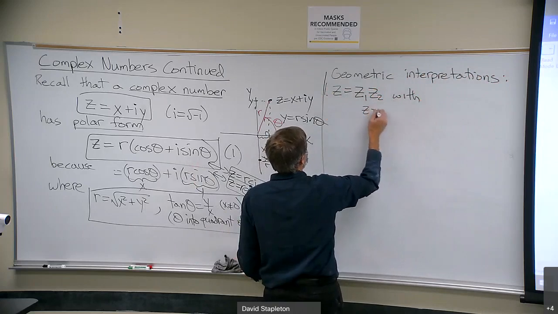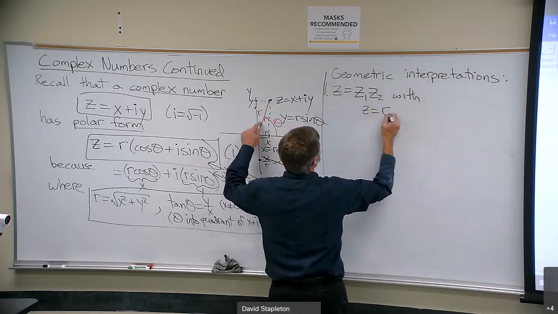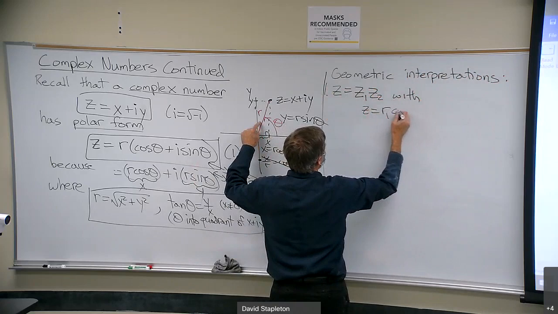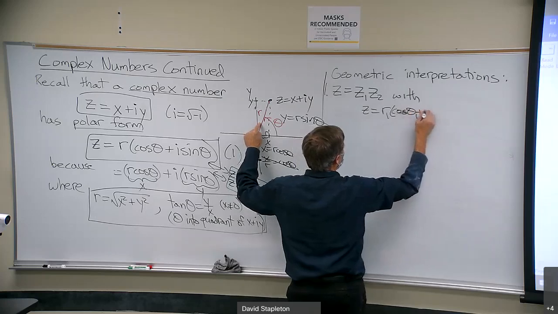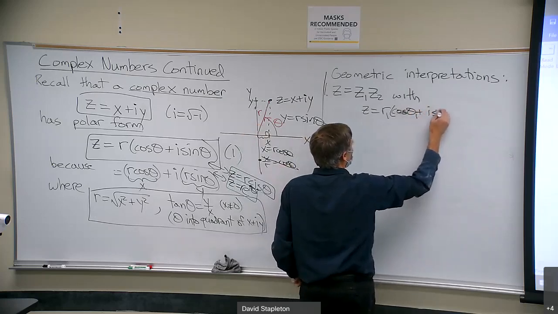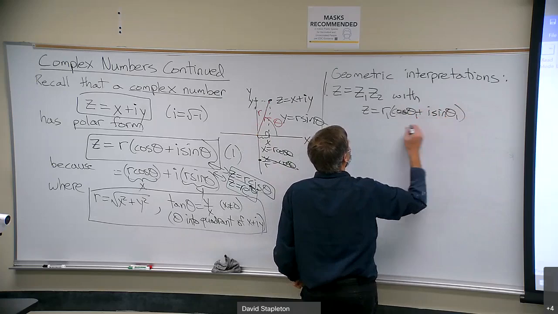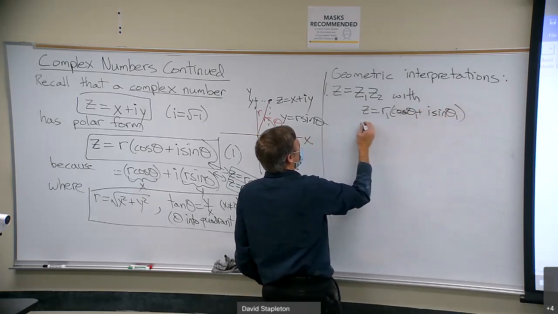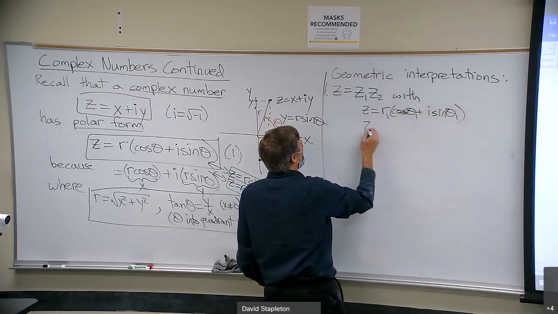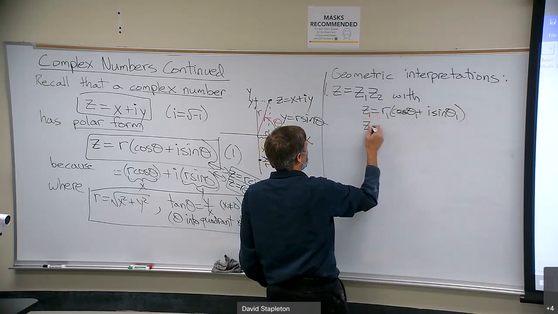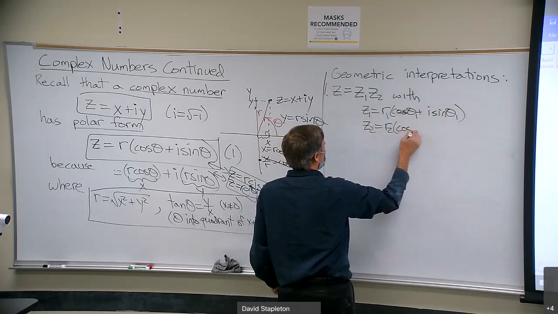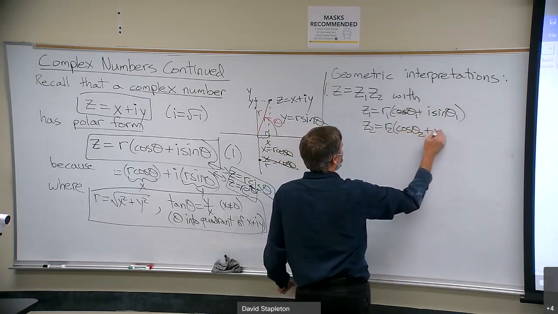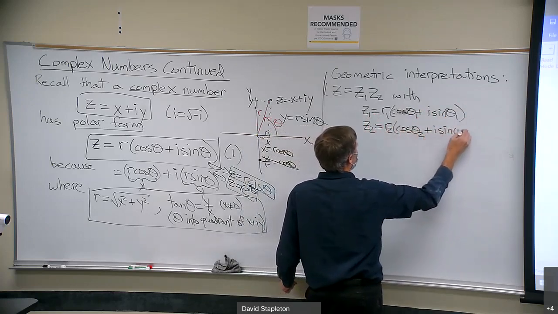So z1 is some distance from the origin, r1, times cosine theta 1 plus i sine theta 1, and that'll be z1. And then z2 will be r2 times cosine theta 2 plus i sine theta 2.